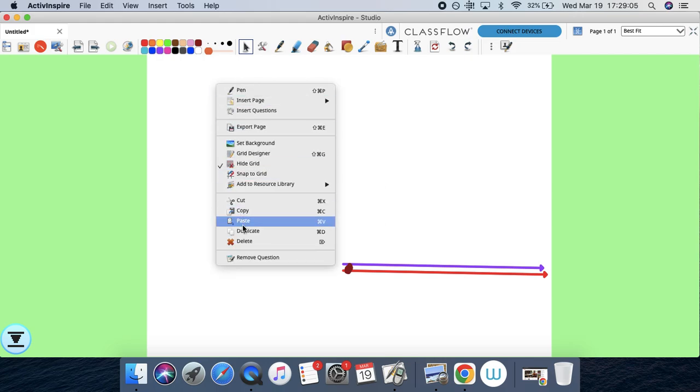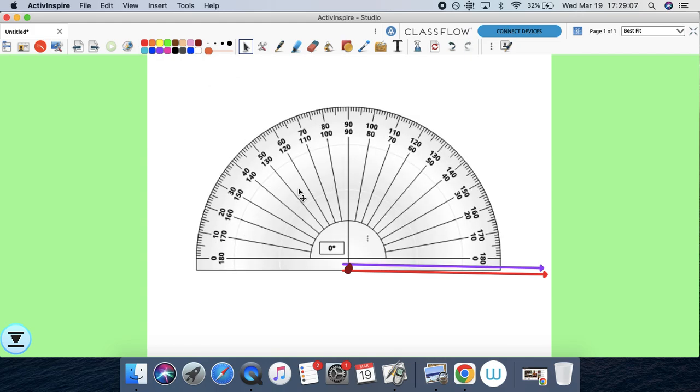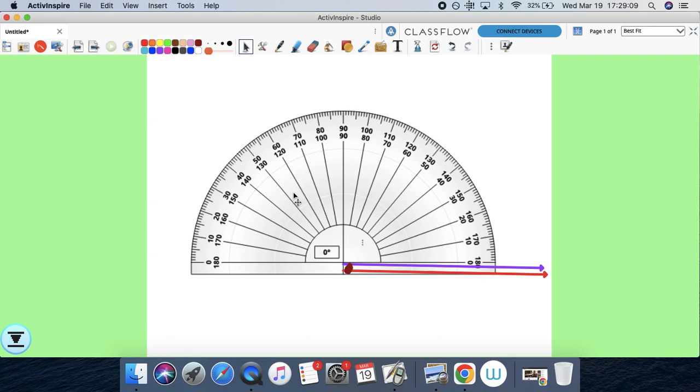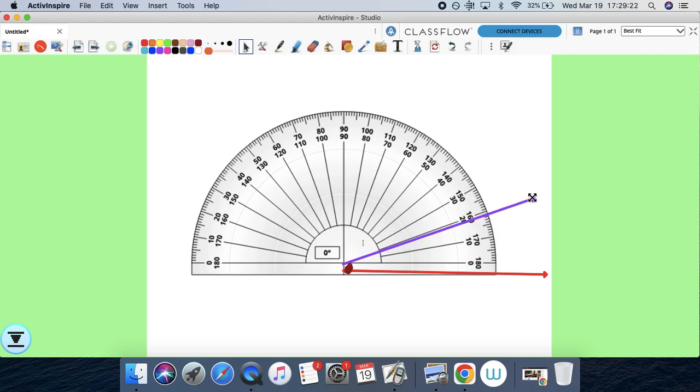If I were to bring the protractor right there, perfect. Right, so now that's 0 degrees. So if you asked me to move that purple line 20 degrees, now this space between the two lines just created a 20-degree angle.